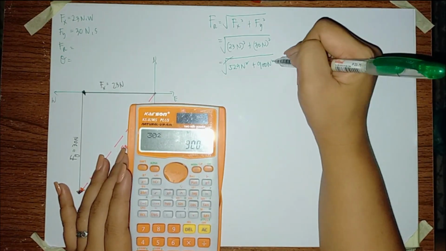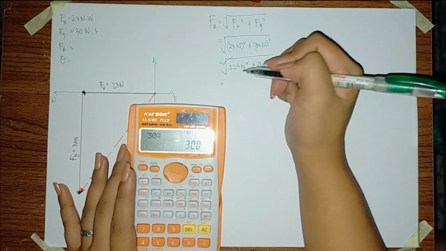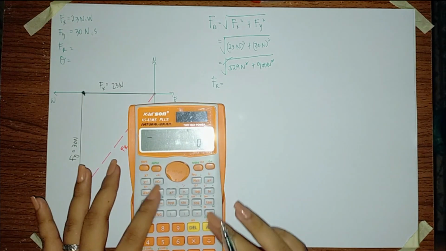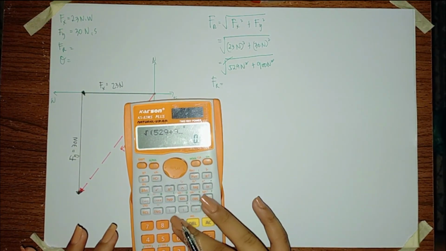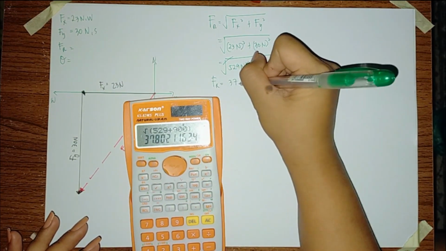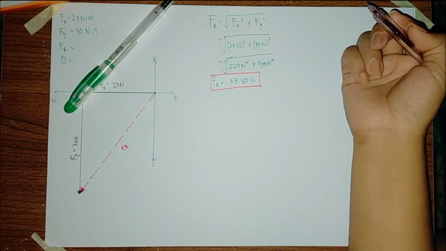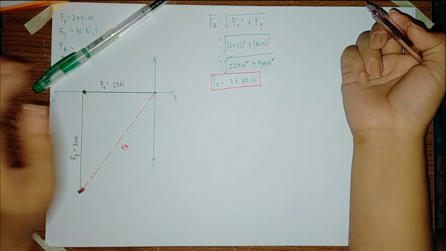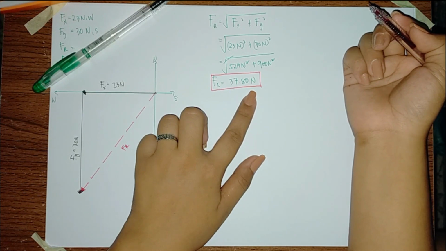Cancel the square root and the square on each unit. And after that, solve for the F sub r. Square root of, parenthesis, 529 plus 900. Okay, so we have 37.80 newtons. So there, that is our F sub r. We have 37.80 newtons. Okay?